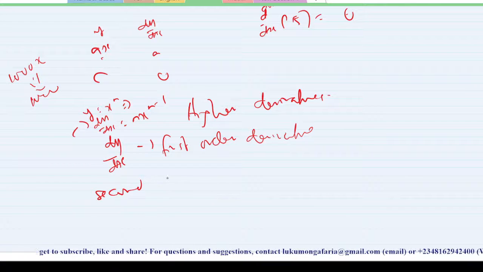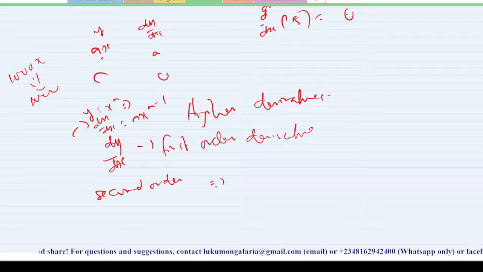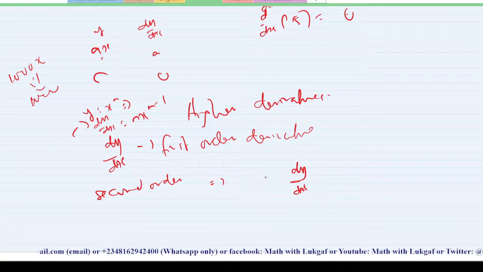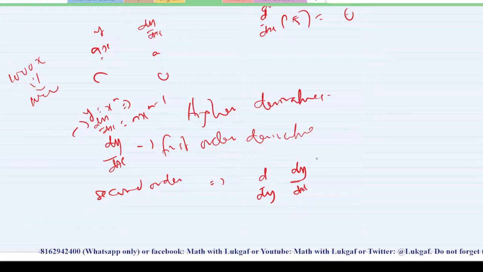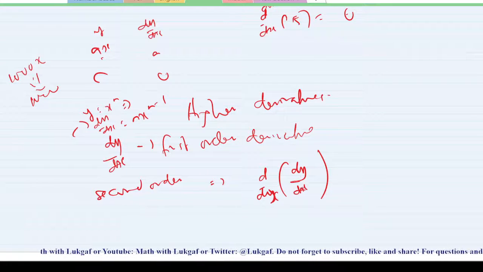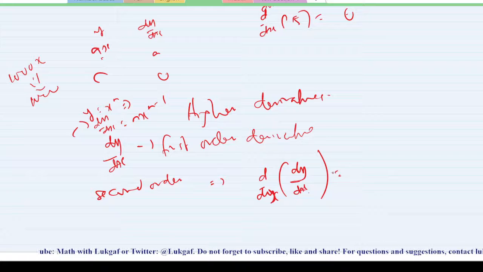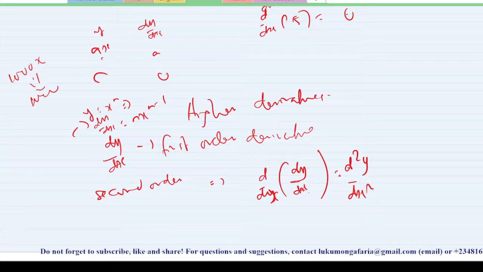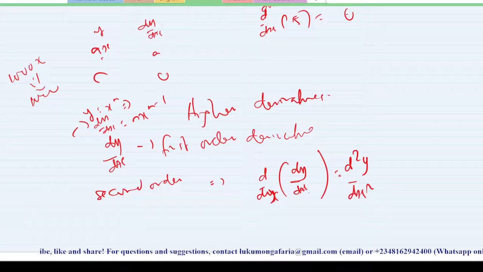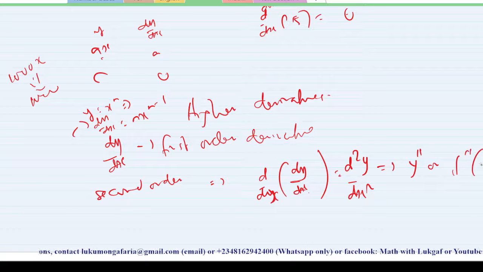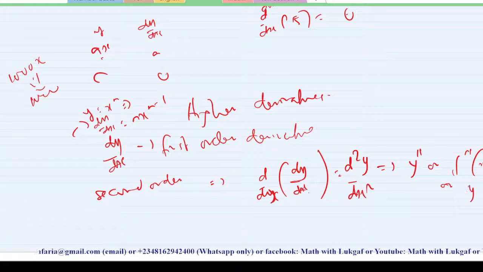When we say second order derivative, that is the function you've differentiated before, you redifferentiate it. So we have dy/dx before, then we redifferentiate it. You understand now? That is differentiating with respect to x what you've differentiated before. If you combine these two together, we are going to have d squared y/dx squared. So this d squared y/dx squared is known as second order derivative, which is the same thing as y prime prime or f prime prime of x, like I've explained the other time, or y dot dot.